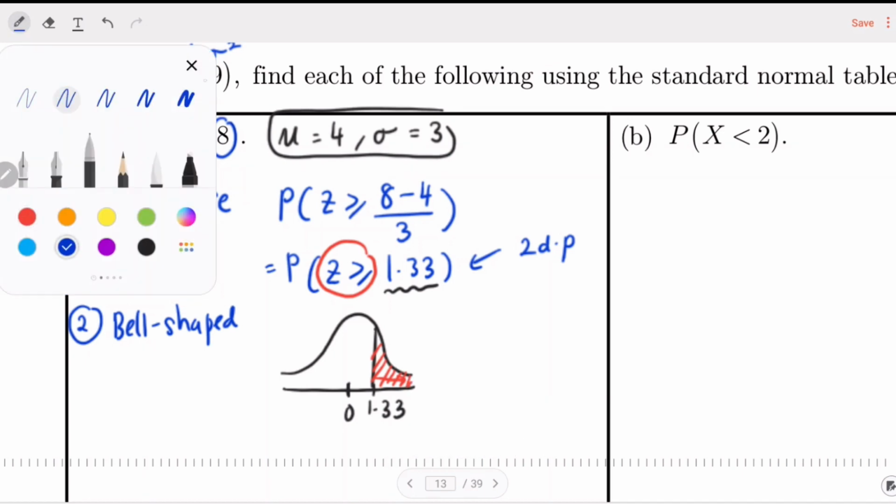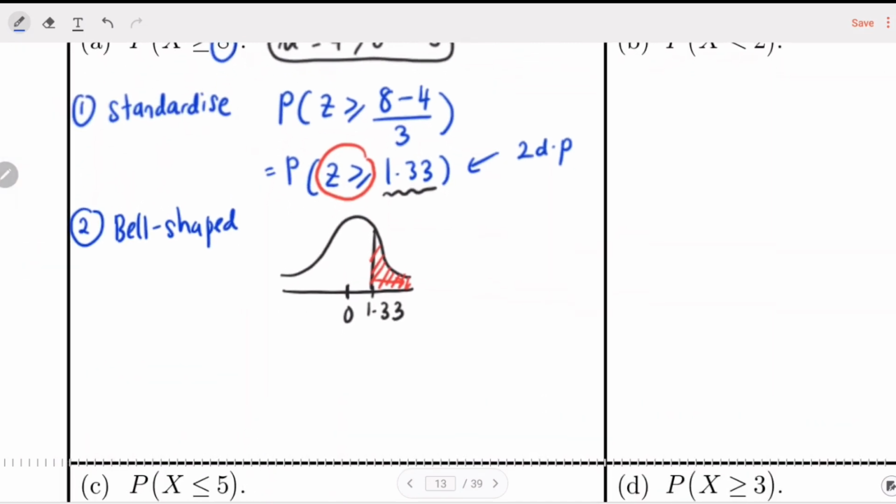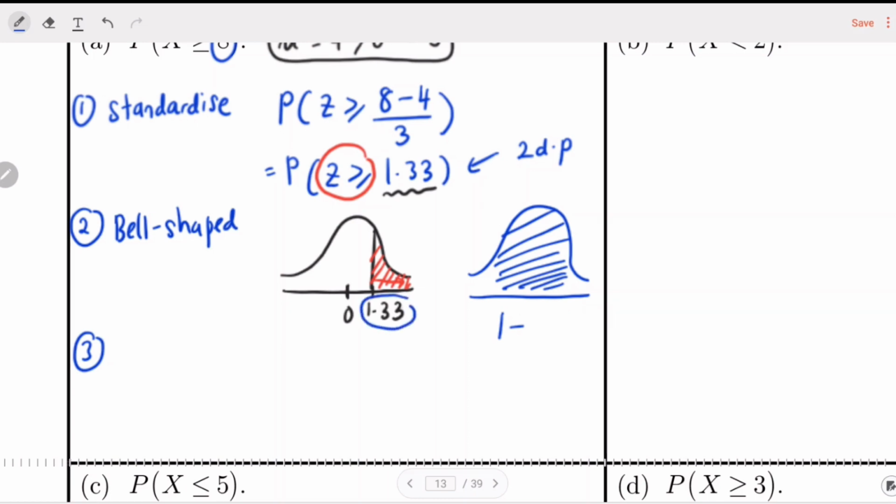Next, the third step is to identify whether we need to put 1 minus or not. If we shaded the middle part of our bell shape, for example, our bell shape looks like this, and then we shaded the middle part, we need to put 1 minus this value.